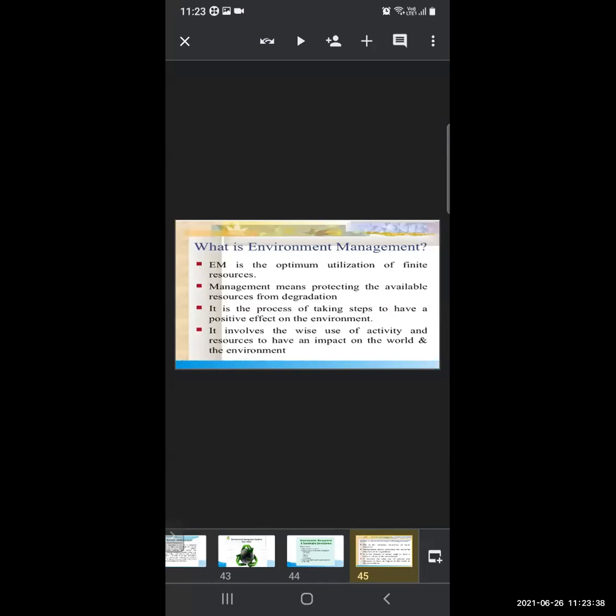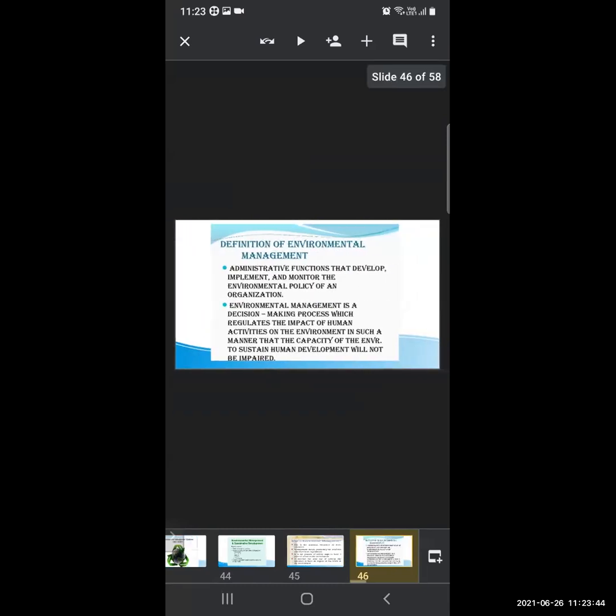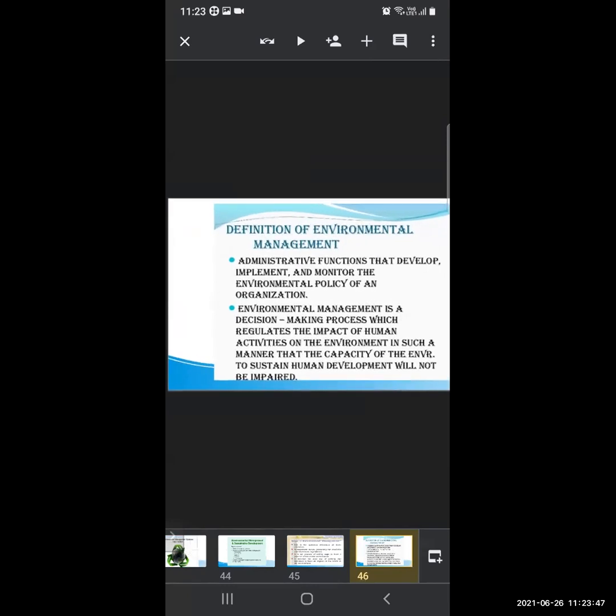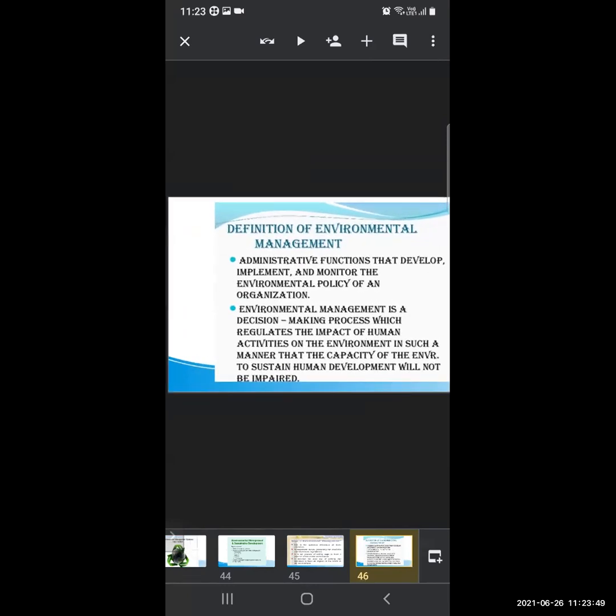It involves the wise use of activity and resources to have an impact on the world and the environment. Definition of environmental management: environmental management is a decision making process which regulates the impact of human activities on the environment in such a manner that the capacity of the environment to sustain human development will not be impaired.